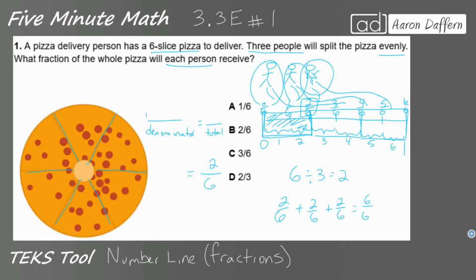So that top number is our numerator, and that's the number selected. In this case, we're trying to select how many pieces each person will receive, and the answer is going to be 2/6. So the first person gets these 2 slices, the second person gets these 2, third person gets those 2. Our answer is B.